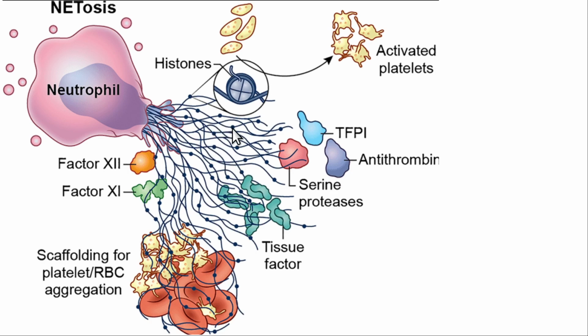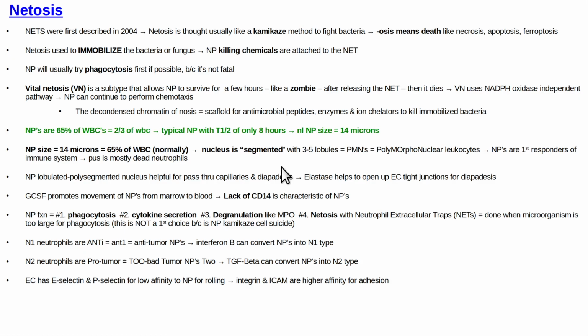You throw this net, the DNA makes a net to throw on top of a bacteria to immobilize it, and then the antimicrobial chemicals will kill it. But there are side effects. It's also quite prothrombotic, and it can cause significant blood clots. That's a problem. And I'll talk some more about the other things related to it in just a moment.